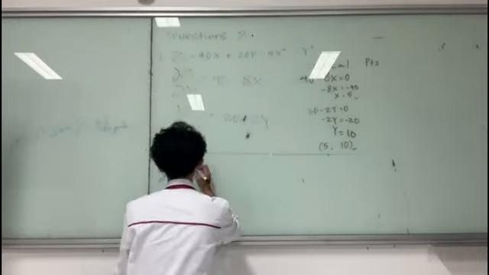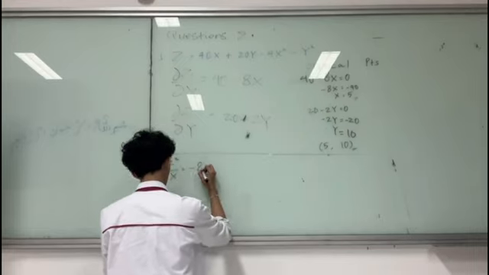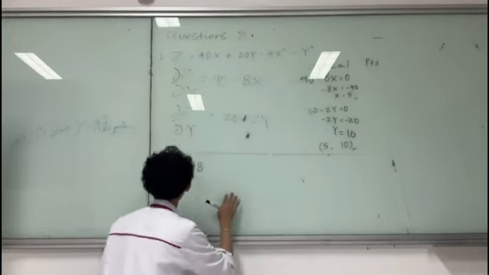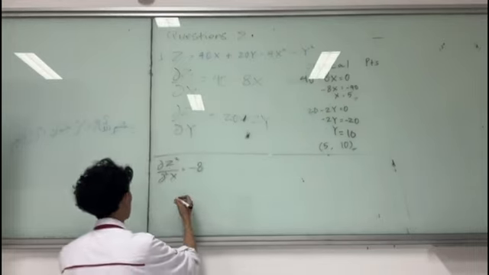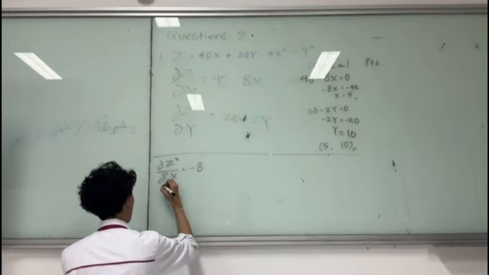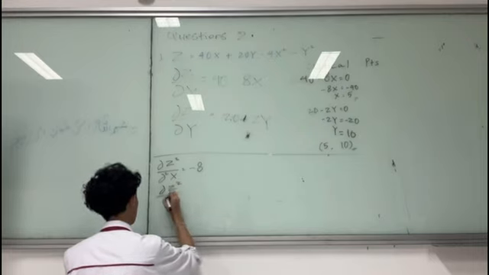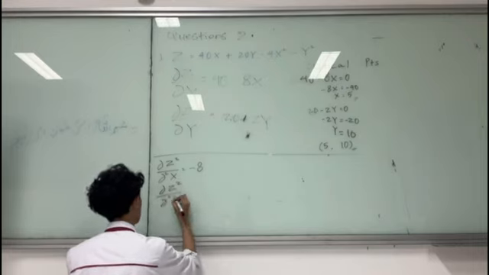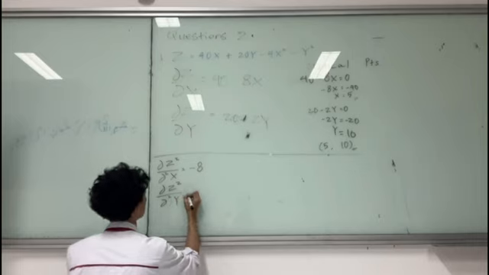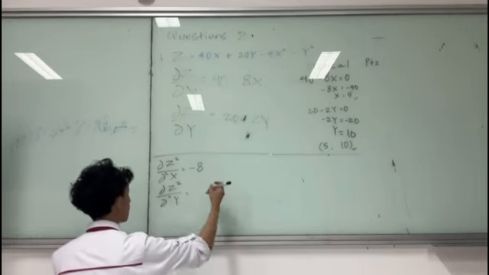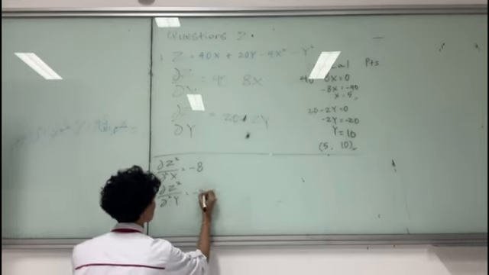So it's going to be minus 8. And then the same goes for the second derivative for y. So we're going to differentiate this one, and it will become negative 2.